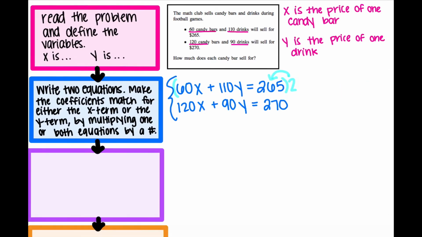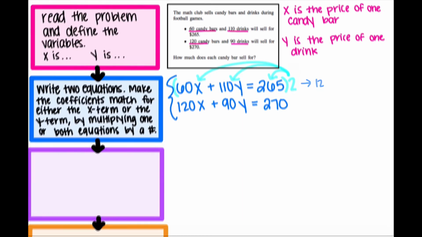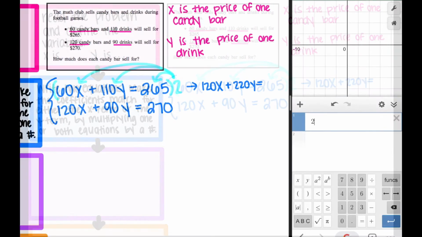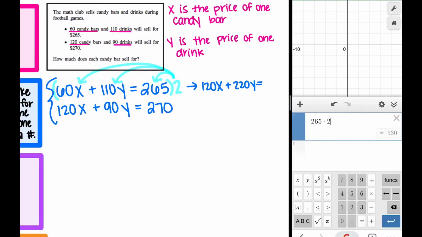So I'm going to multiply each term in this equation times 2 using the distribution method. 60 times 2 is 120. 110 times 2 is 220. And 265 times 2 is 530.